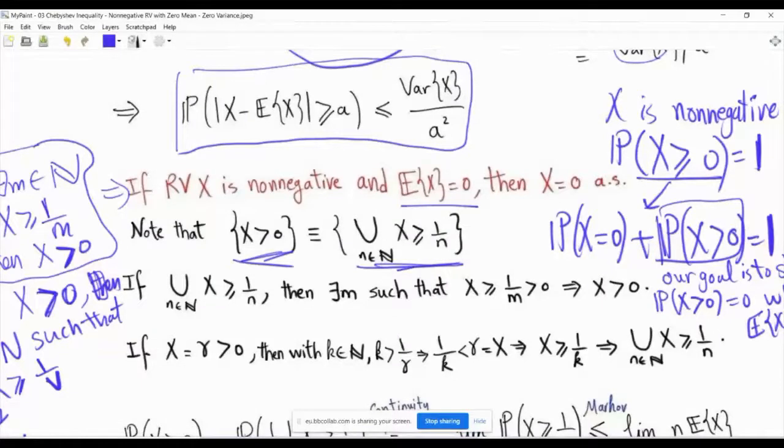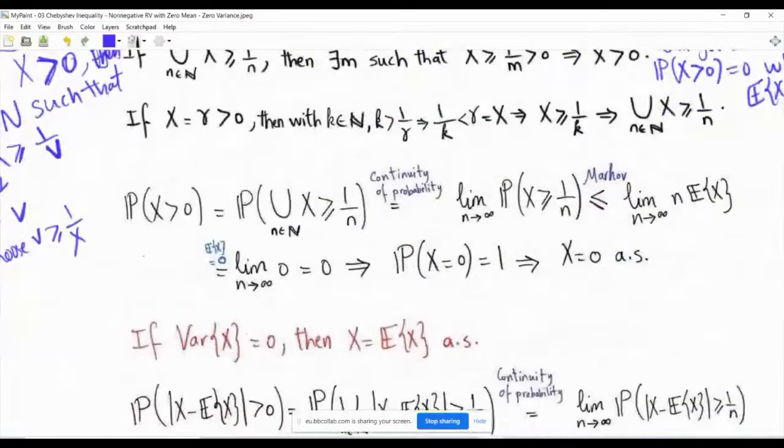So to say that x is strictly positive is to say that there exists a natural number n such that x is greater than or equal to 1 over n. Okay, so this will be our trick to make the Markov inequality valid in our case. You take x greater than or equal to 0.